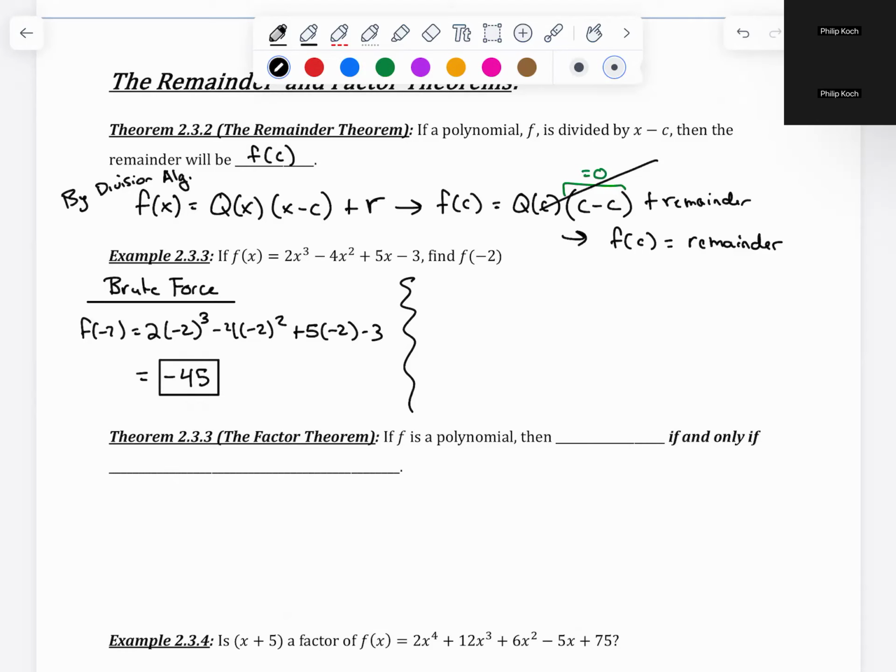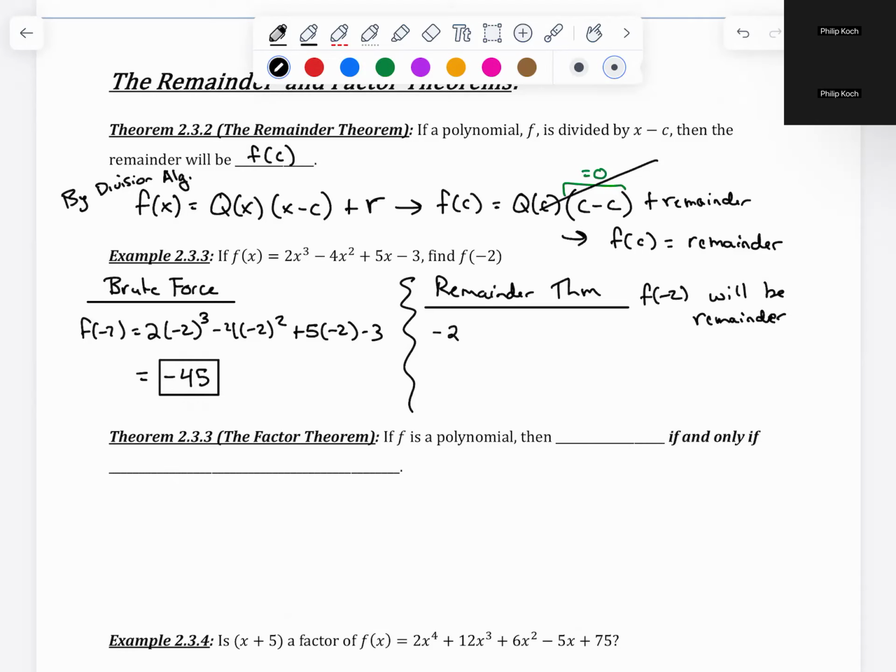Anyways, the other option would be the remainder theorem, which is the way technically our textbook wants to solve it, but like it's not valid anymore. But either way, if you're trying to find the remainder, f of negative 2 will be the remainder when you divide by x minus negative 2.